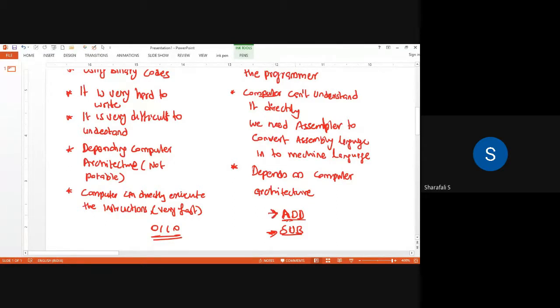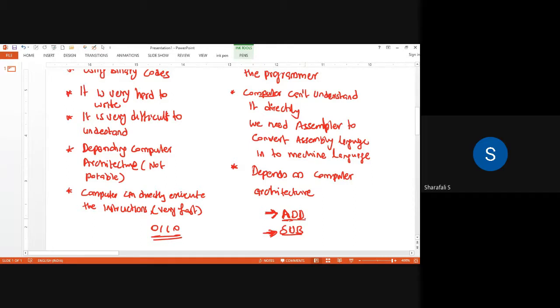So a program written using this assembly language will be useful for that particular system, or any other system with that particular architecture.